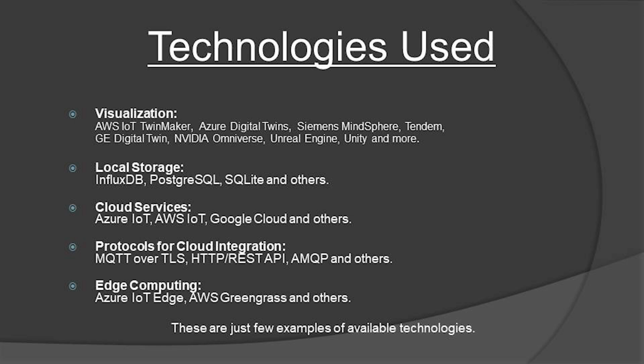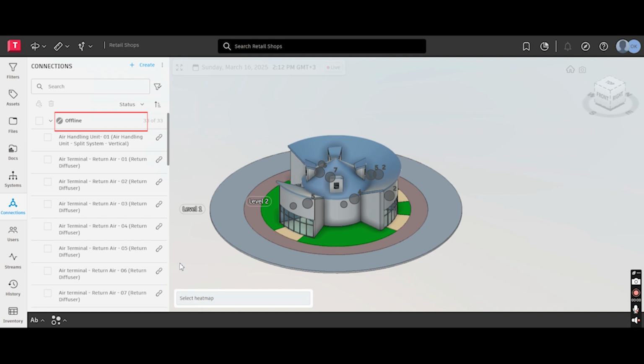Let's move to the digital twin model. Currently our digital twin is offline. Let's connect it to the physical asset to start receiving the live sensor data.